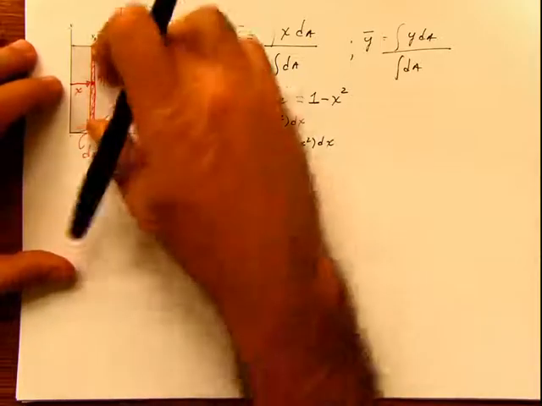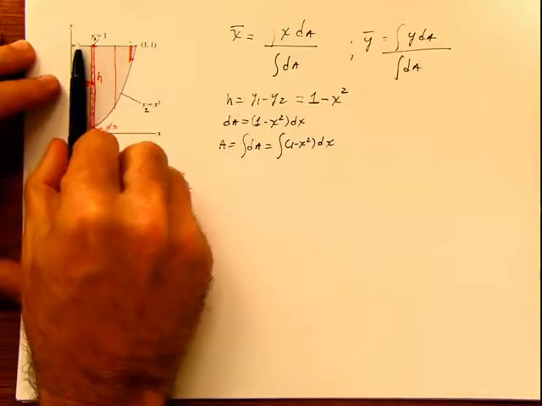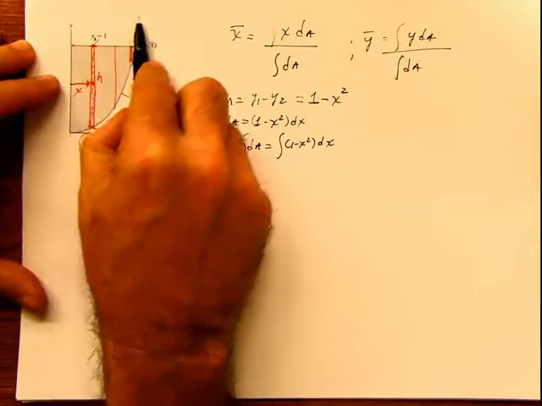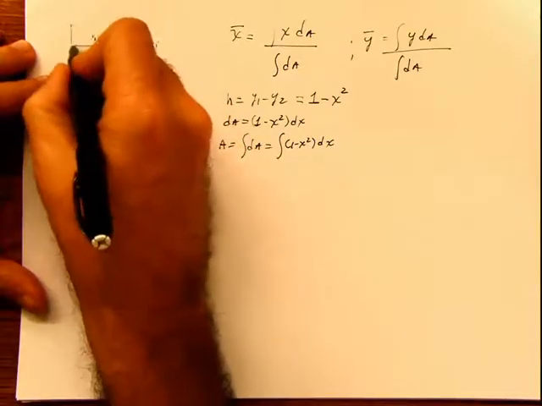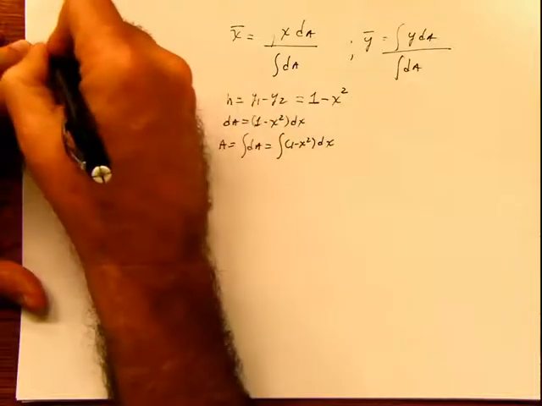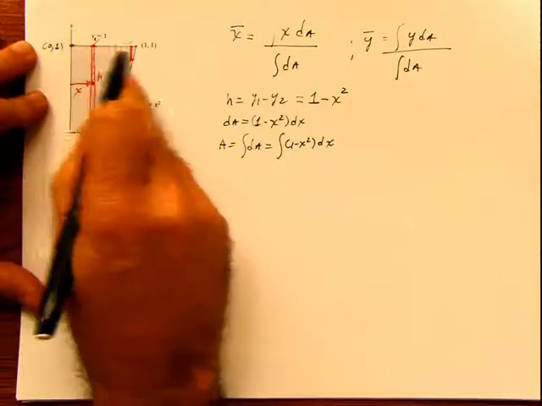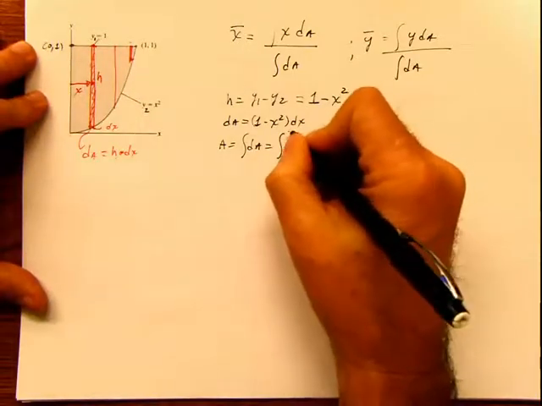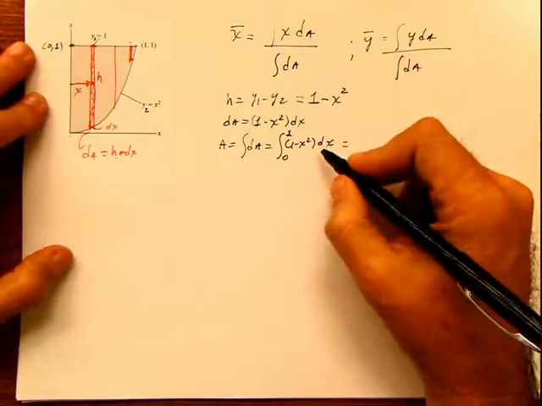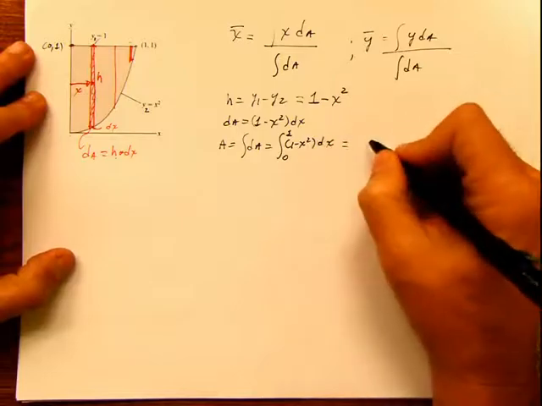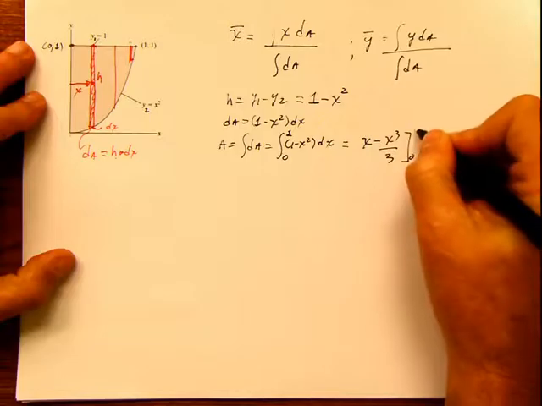This differential of area runs the whole section from this point up to this point, the point 0, 1 and the point 1, 1, but I'm running it in the x direction, so it's from 0 to 1. The integral is x minus x to the third divided by 3, evaluated between 0 and 1.